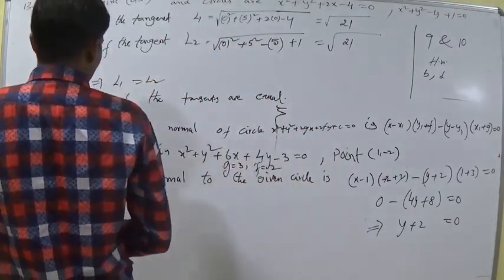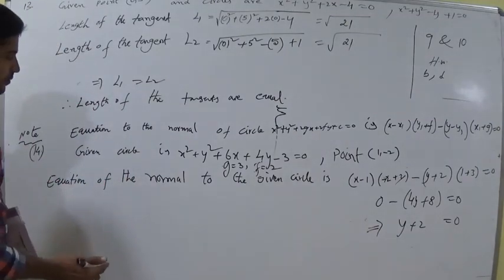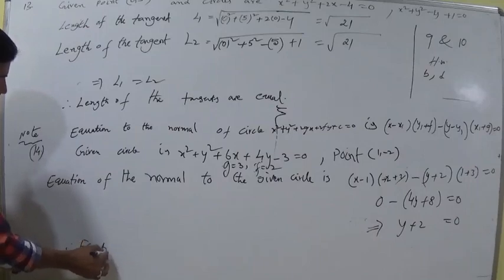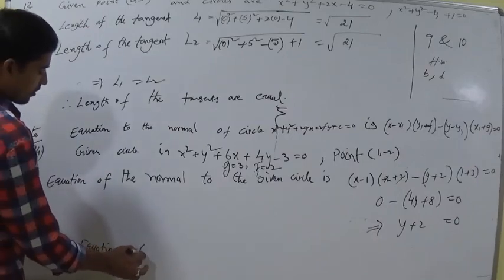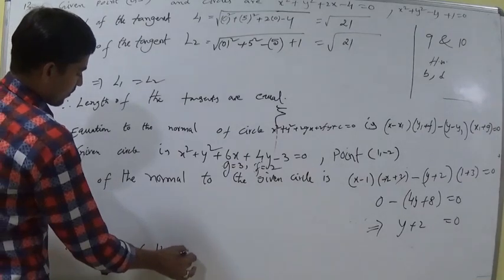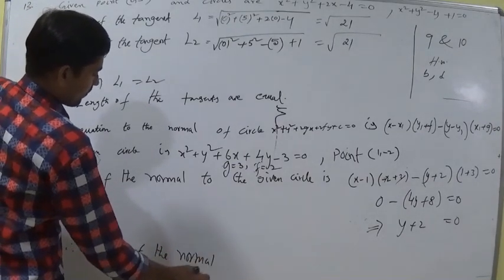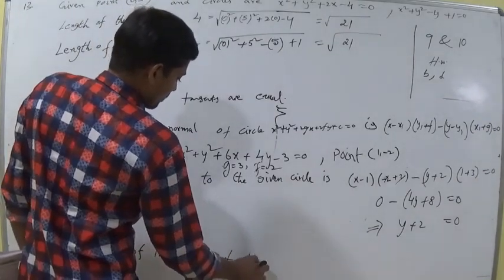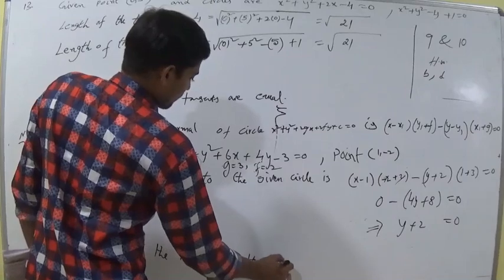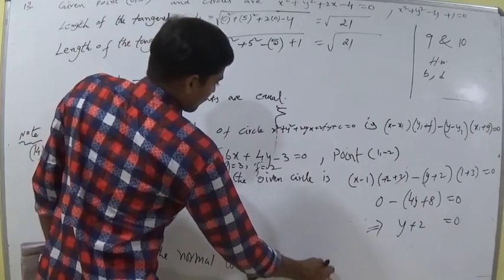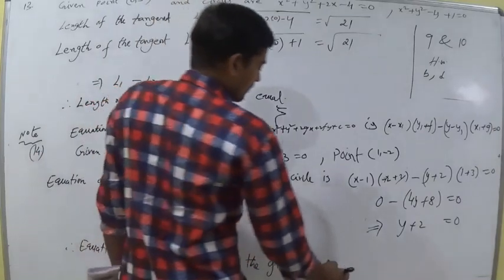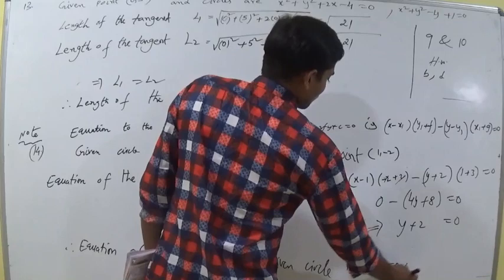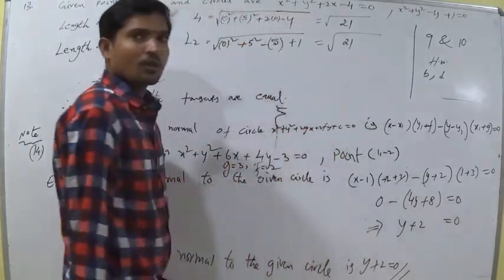Therefore equation of the normal to the given circle is y plus 2 equal to 0, right?